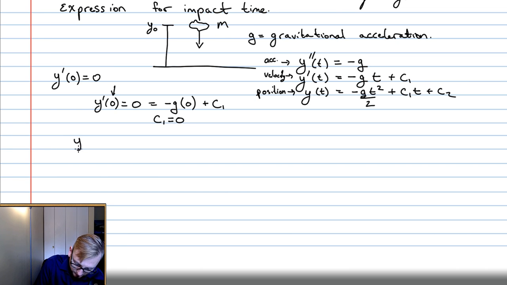So t impact is when we've got y of t equal to 0, not y0.